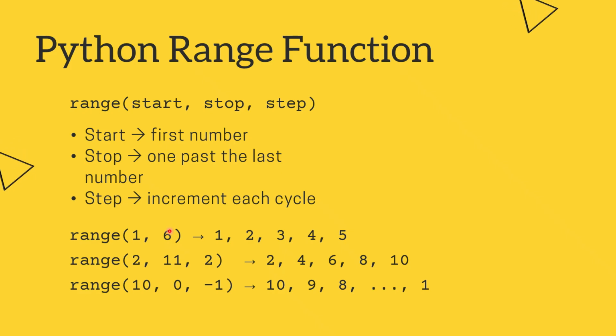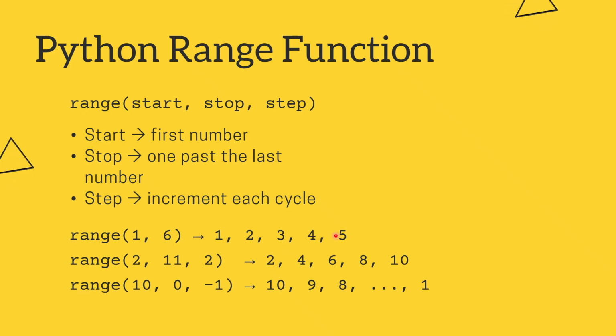It's not going to include this number, but it's going to loop up to it. So if I have range 1 comma 6, Python is going to give me 1, 2, 3, 4, 5, but not 6. It's going to stop just before it gets there.